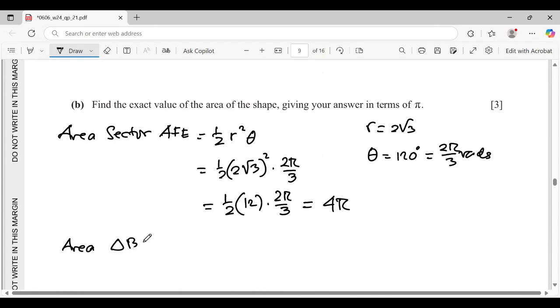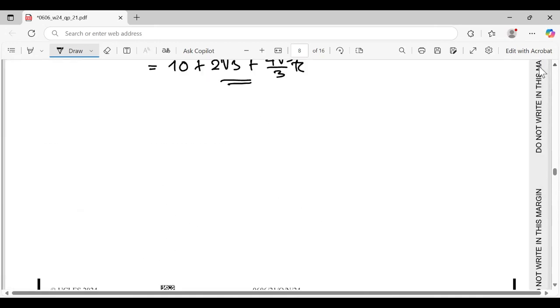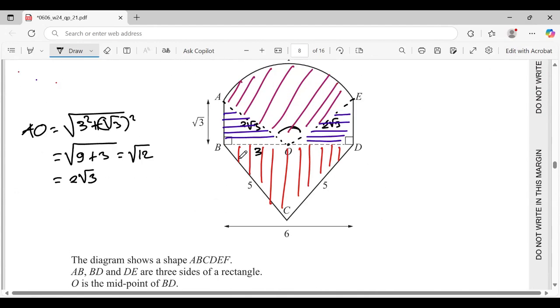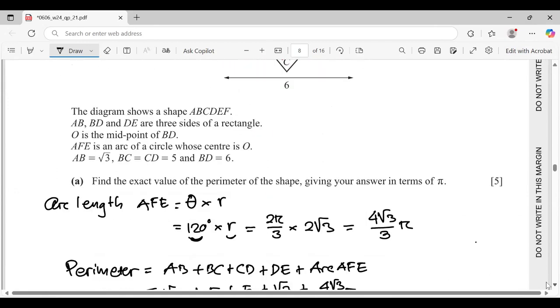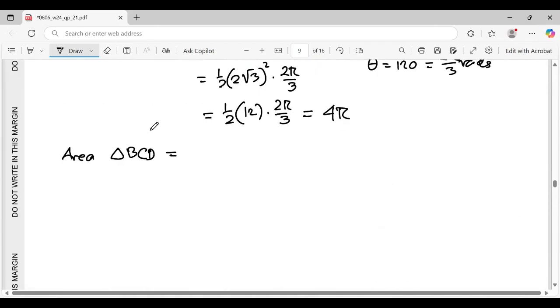After that, area of triangle BCD. The triangle BCD, this one. Okay. First, we need to find s first.